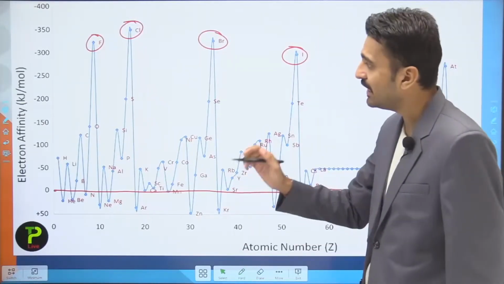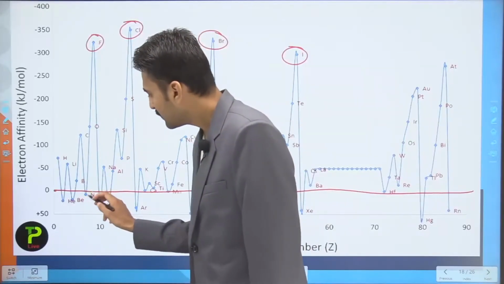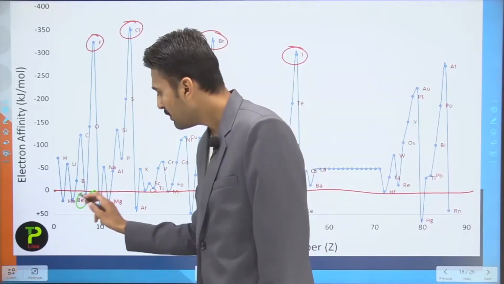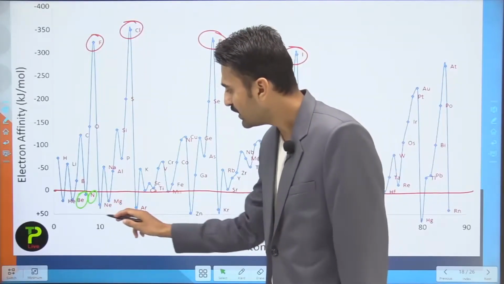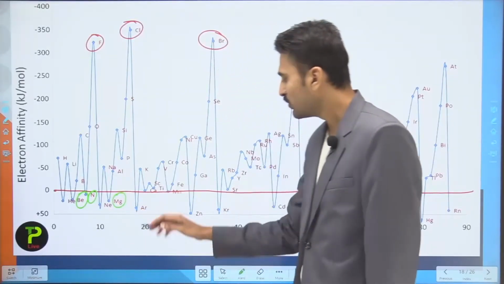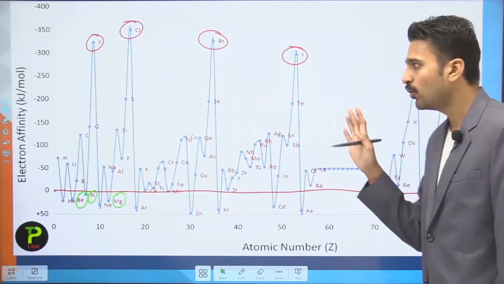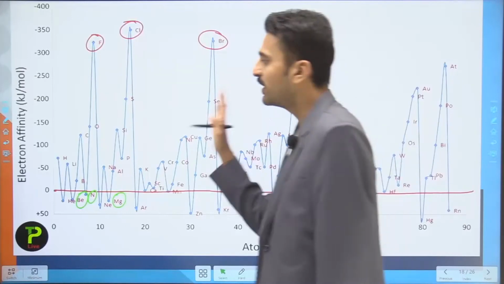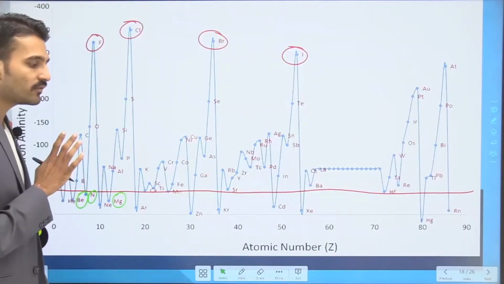You can clearly remember this point, and you can see that there is an exception just for nitrogen and beryllium. Below nitrogen comes phosphorus and below beryllium we get magnesium. So these are some of the trends. So students, you need to take a look at this particular graph and see the values of electron gain enthalpies.